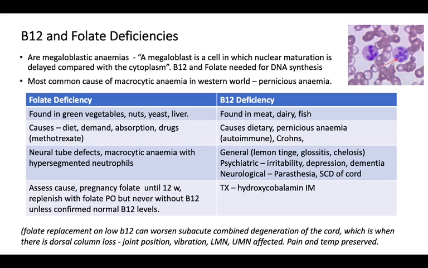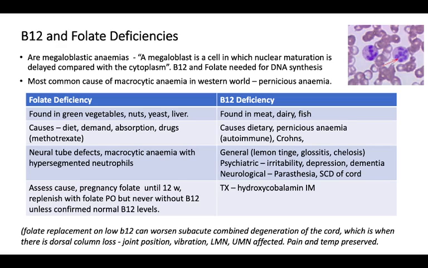What happens in a folate deficiency? What are the signs? The biggest risk in folate deficiency is that it can cause neural tube defects in pregnancy, which is why pregnant women should take folate ideally from before conception, but also definitely up until 12 weeks.